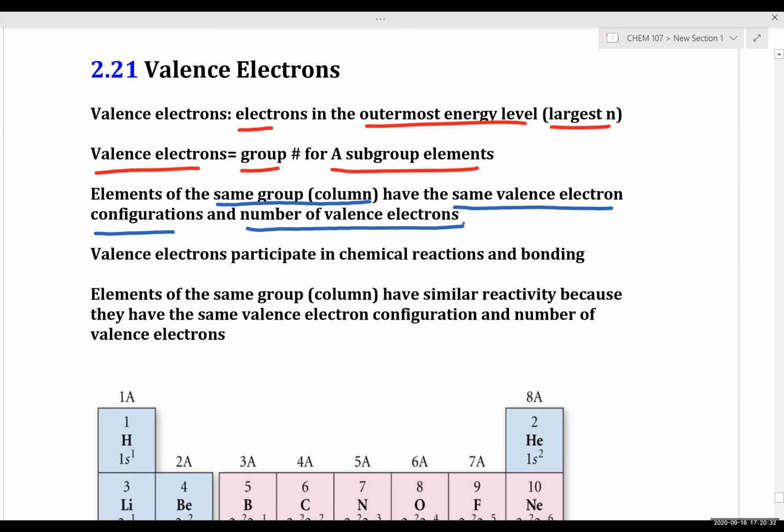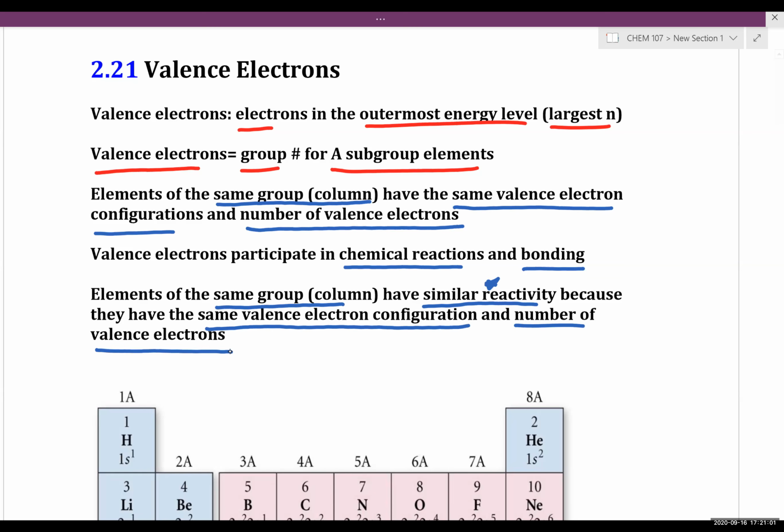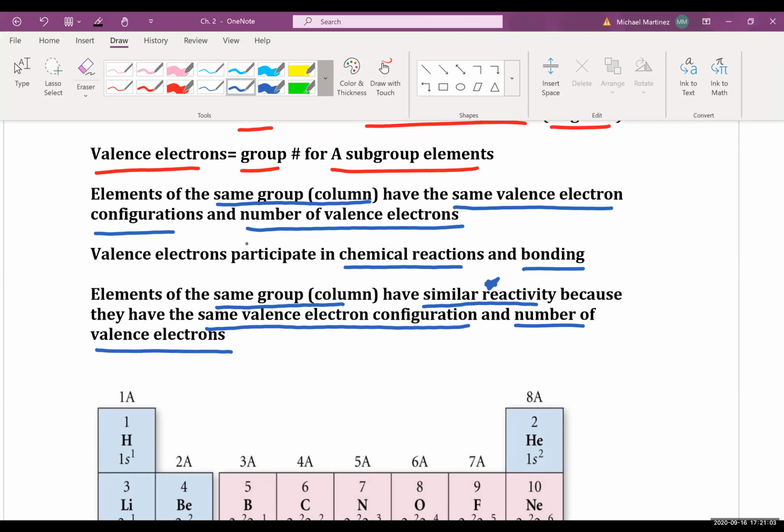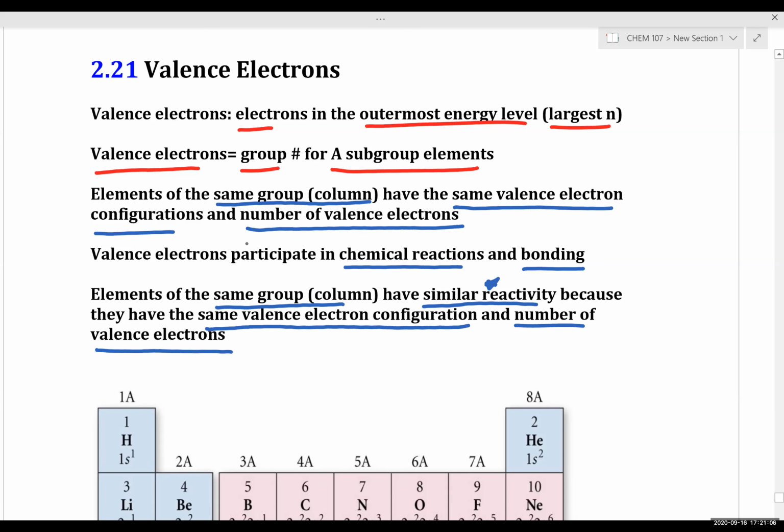And these valence electrons are really important because they're the electrons that are actively being exchanged, gained, or lost in chemical reactions and bonding events. So as a result, elements of the same group have similar reactivity because they have the same valence electron configuration and number of valence electrons. Does that make sense? Same column, same group, same or similar reactivity.